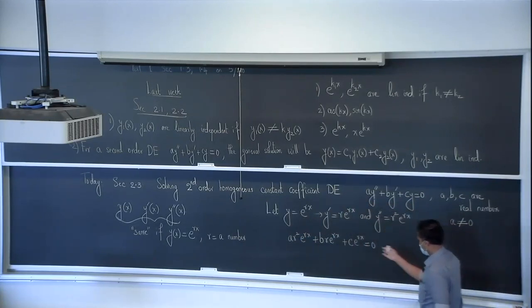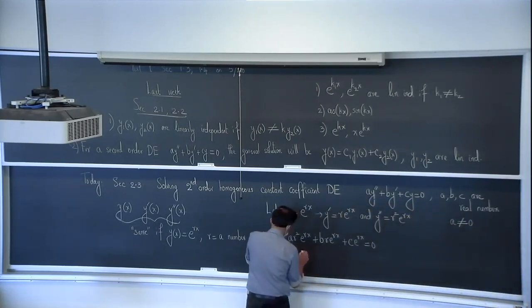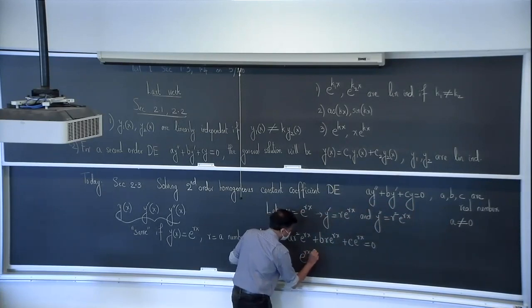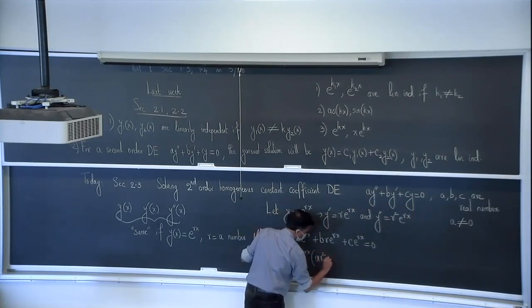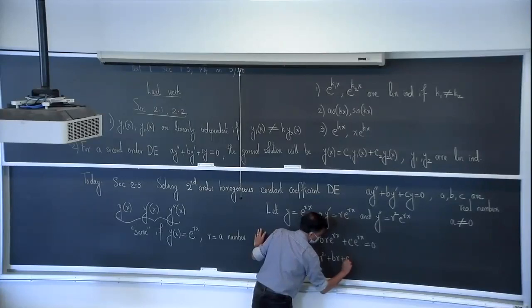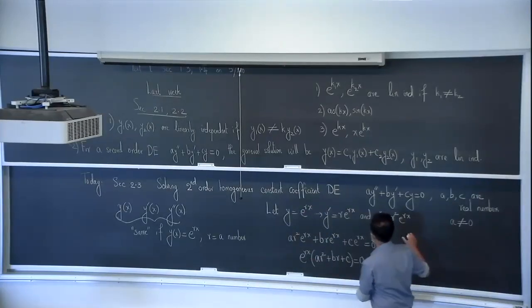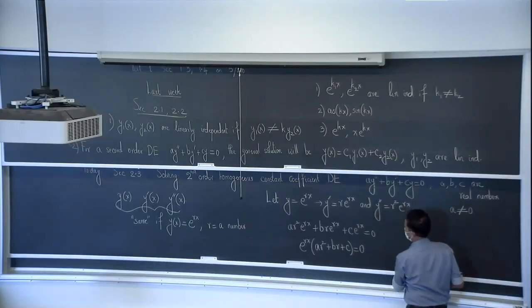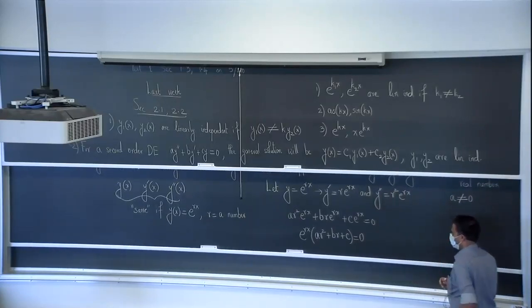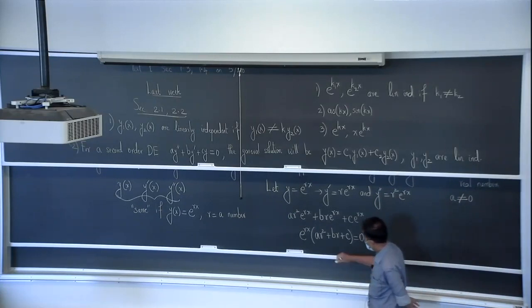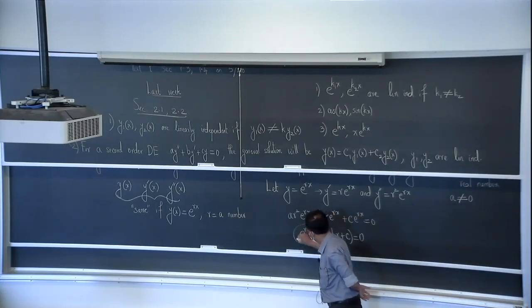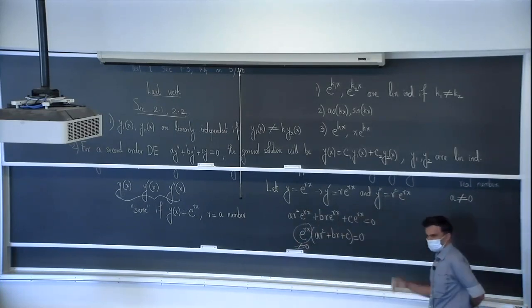Well, let's factor out an e to the power of rx, times a r square plus b r plus c equal to 0. And I hope all of you know that e to the power of rx cannot be equal to 0, for whatever value of r you take. The exponential function is always non-zero.